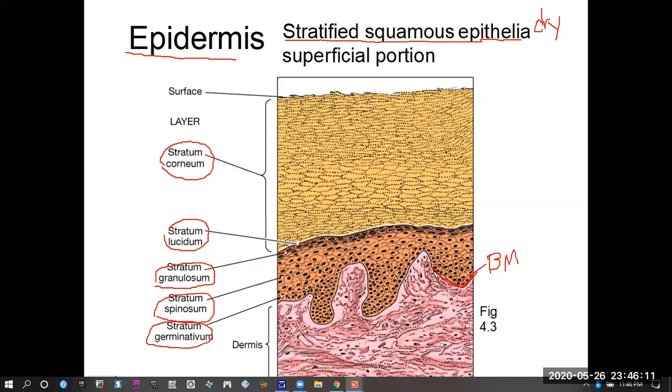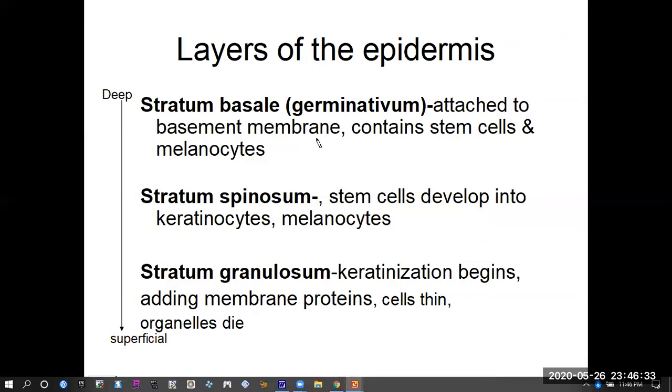At the very deepest layer, we have what's called, one name for it, the stratum germinativum or stratum basale. And starting from here with the stem cell activity, ultimately over time, cells as they mature get pushed out towards the surface. So we're going to start here at the deepest edge. And again, there's multiple names that can be used here.